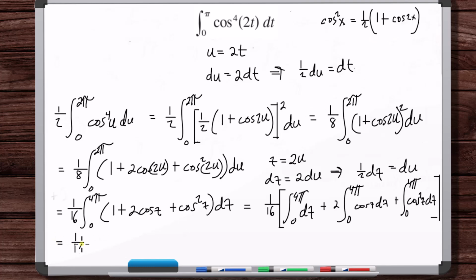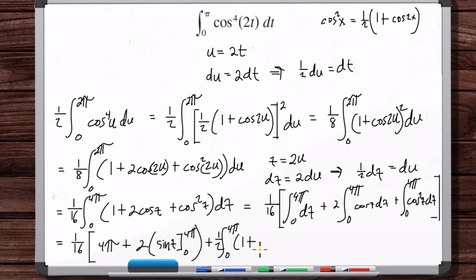So we've got 1/16, and then this would just be 4 pi. Okay, plus 2, and then this is going to be sine z evaluated from 0 to 4 pi plus, and then we've got the integral from 0 to 4 pi. We could take out the 1/2, and you've got 1 plus cosine of 2z dz.